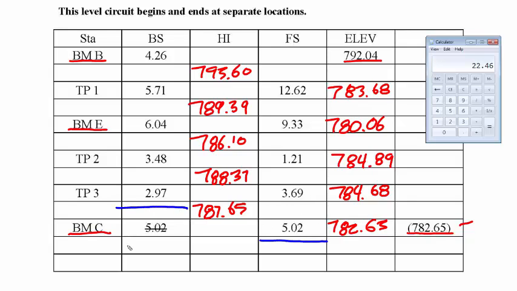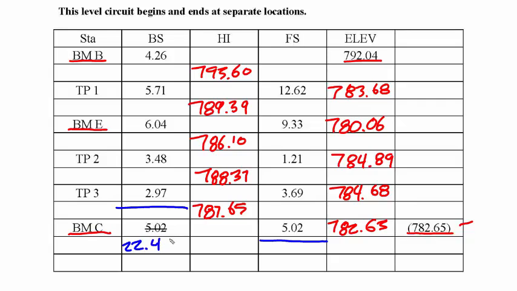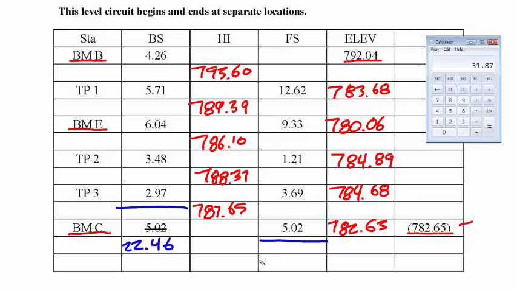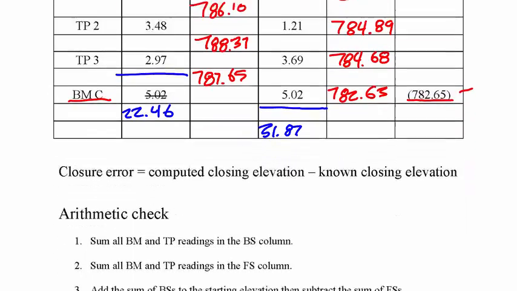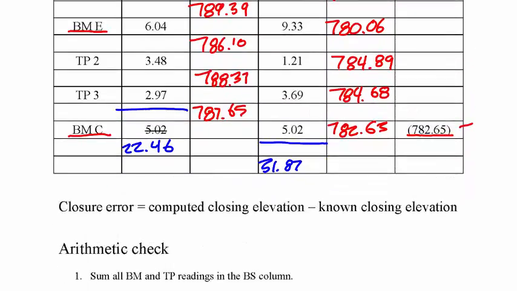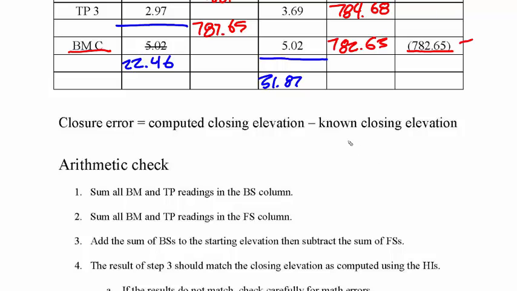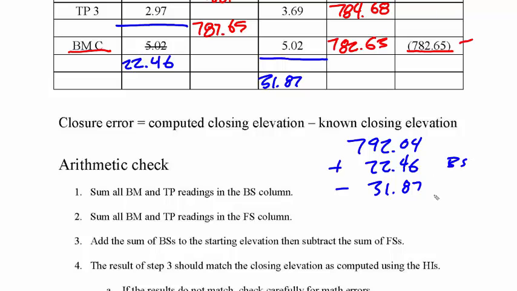Here I get 22.46 for the backsights, and I get 31.87 for the foresights. As we said before, we're going to take our starting elevation, 792.04, add 22.46, the backsights, and subtract 31.87, the foresights.